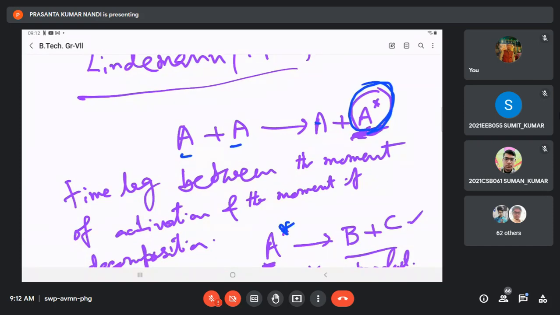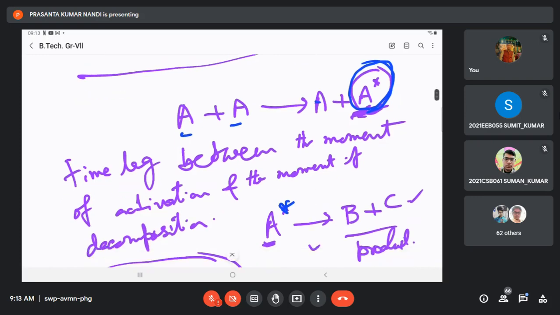After collision, one molecule may get energized, meaning activated, at higher energy. And there may be a time lag between the moment of activation and the moment of decomposition.